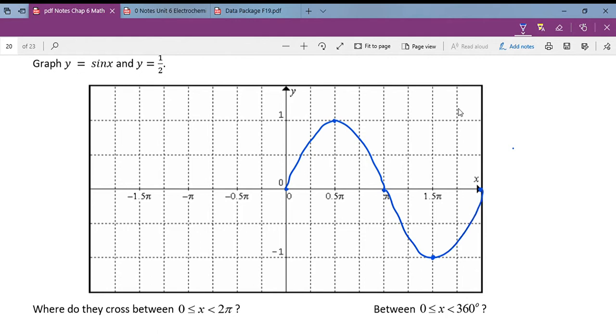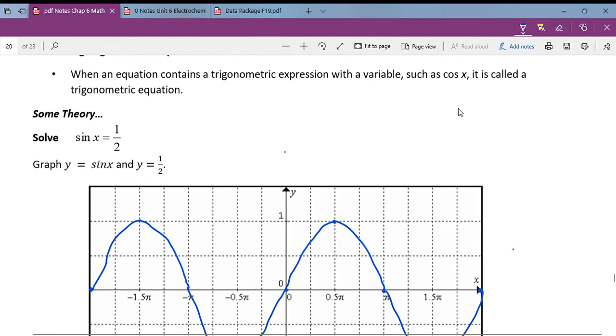And then we could extend this pattern to the other side. And it would look something like this. And I say something because it's really hard to graph on this screen. And lastly, at 2 pi, it would come back down to 0. So this is our sine x graph. This is y equals sine x. And we're looking where that y value is equal to a half.